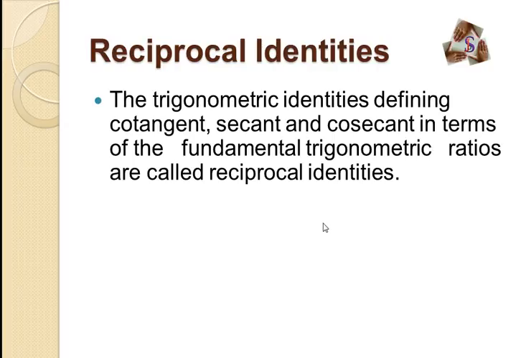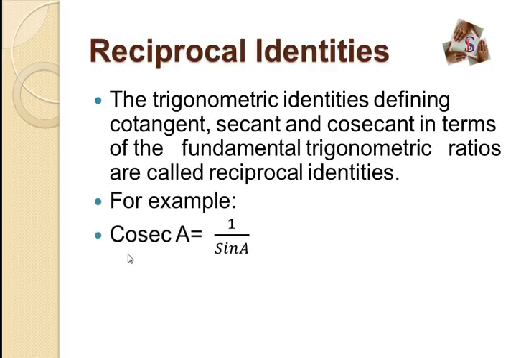So when we express the cotangent, secant and cosecant as 1 by the fundamental trigonometric ratio, then that identity is called a reciprocal identity. For example, cosecant A is 1 by sin A.